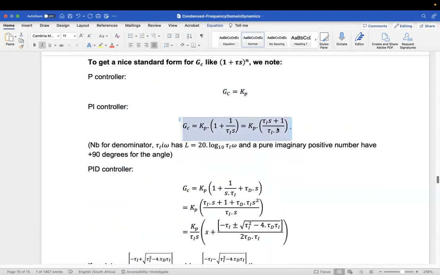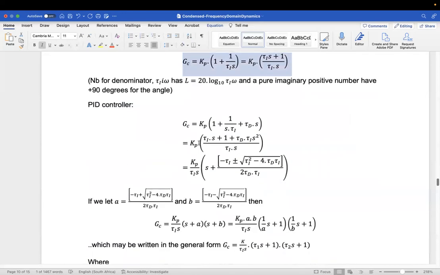For the PI controller, we just showed this already. And now for the PID controller, as we say, we have this extra term. And what we can do is take everything into the numerator space again. So let's put everything over a denominator of tau I s.